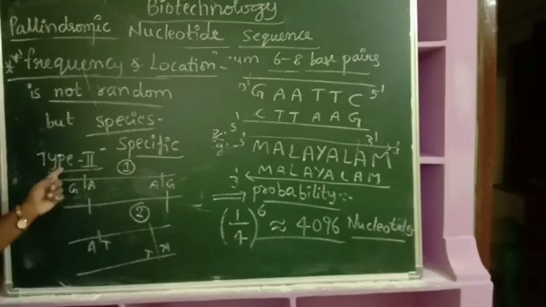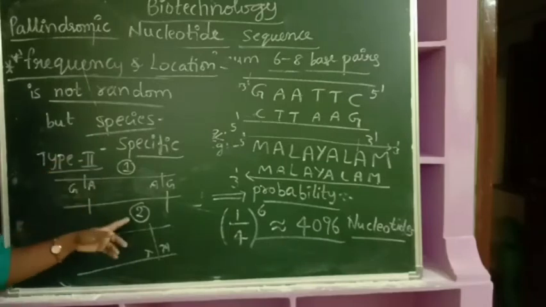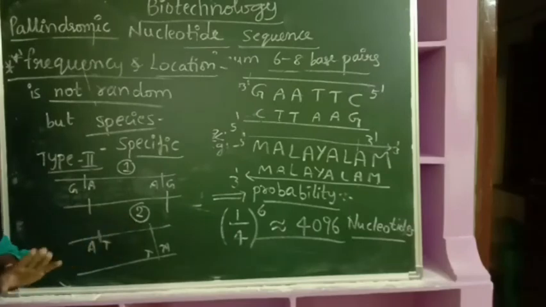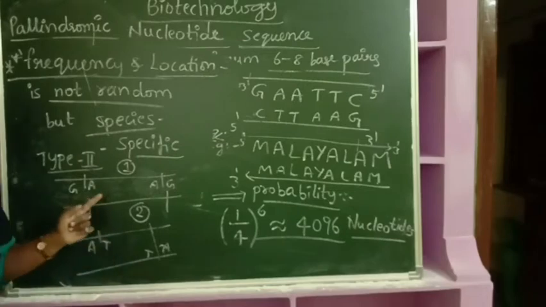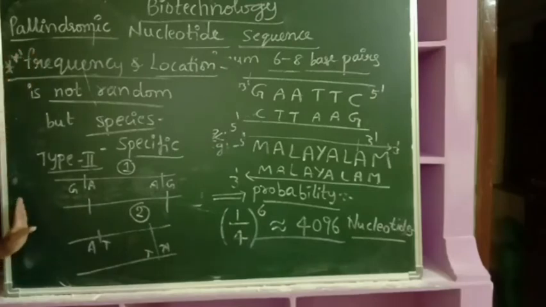In one organism, restriction endonuclease type 2 cuts between G and A. If you isolate it and keep it in organism number 2, there is no guarantee that it cuts at G and A, because it cuts at A and T, since this species is different. This is how we have to understand the palindromic nucleotide sequence.